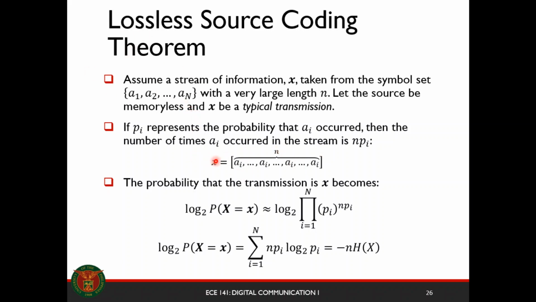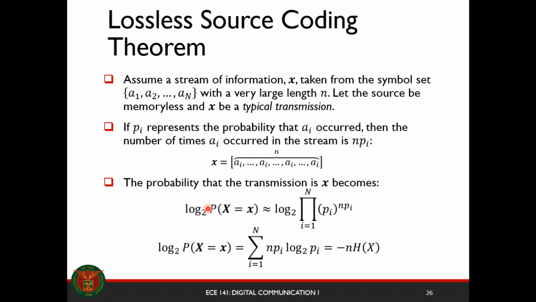And if we have your symbol a sub i, with a probability of occurring p sub i, the number of a sub i that occurred in vector x is approximately equal to n, the number of symbols that were transmitted, multiplied by the probability that a sub i occurred. This is the most probable number of a sub i. Since n is very large, we can say that this approximation is accurate due to the weak law of large numbers. If you want to know more, you can search that.